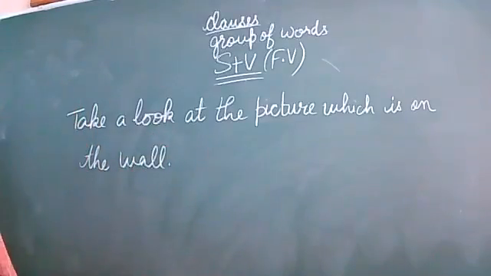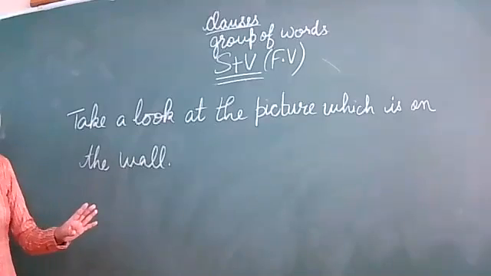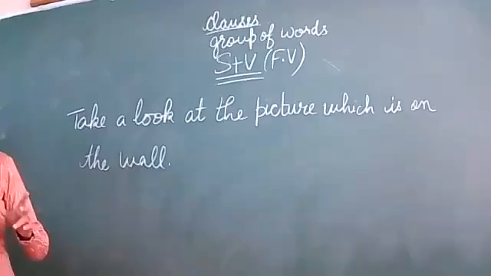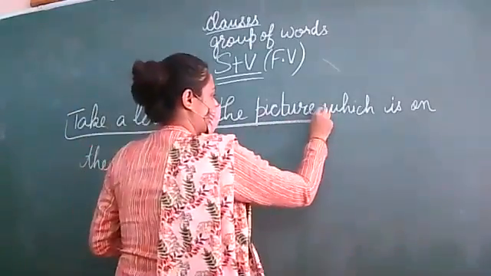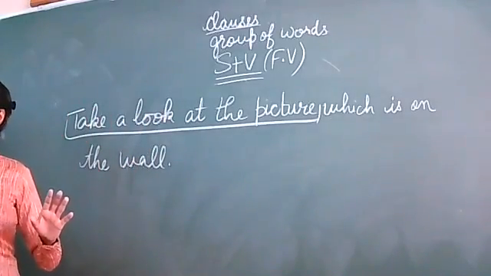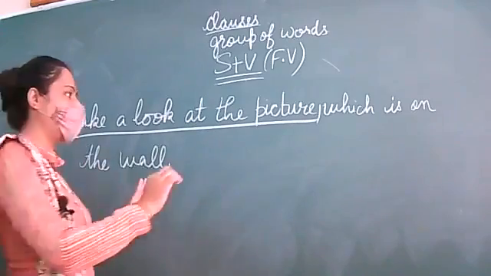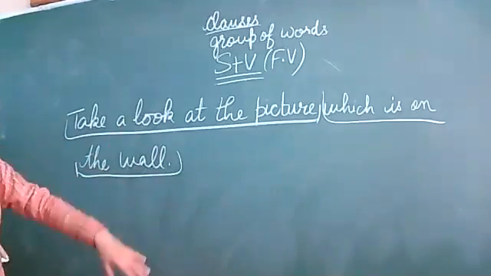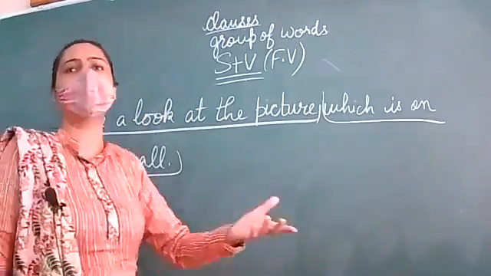Now, take a look at the picture which is on the wall. First thing is identify the verbs, right? You can easily identify the verbs and then you have to see one part. Take a look at the picture. I think this is conveying a proper meaning, complete meaning, making sense, right? But if I talk about just this part, which is on the wall, forget about this. Simply, I'm just saying which is on the wall.